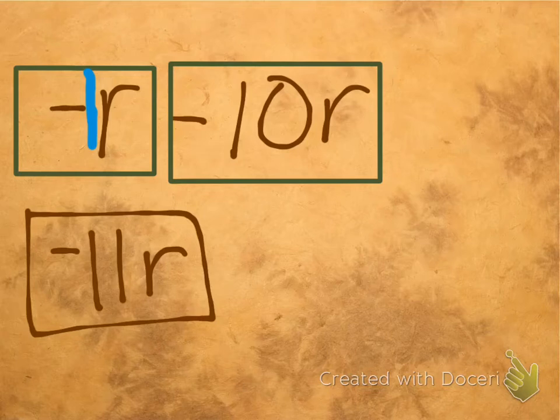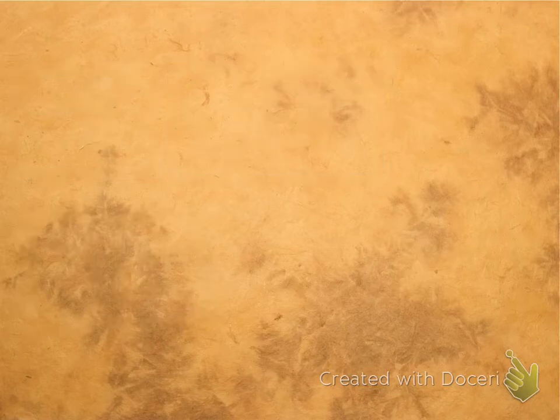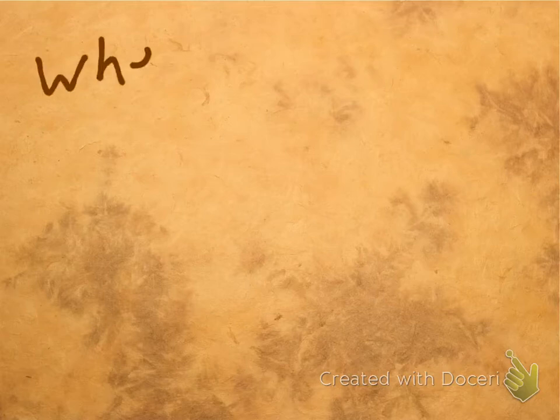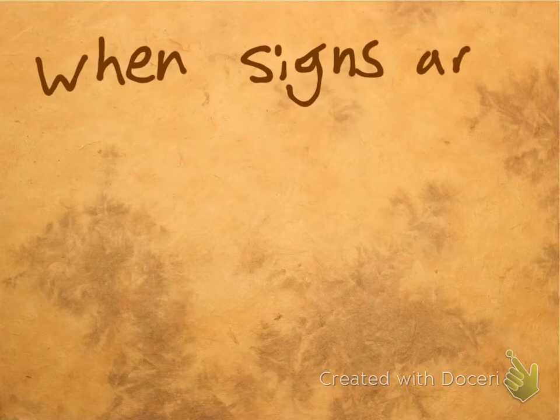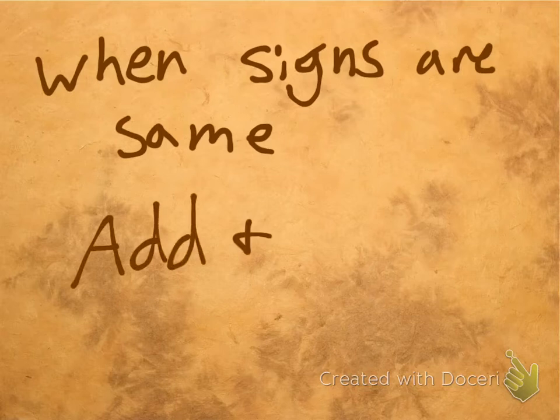Now, I do want to go over our rules for adding and subtracting integers. Had a lot of confusion this morning, so this is something we've got to review. We spent the first 3 weeks of school covering this, so we can't afford to forget it. When signs are the same, you're going to add and keep the sign.